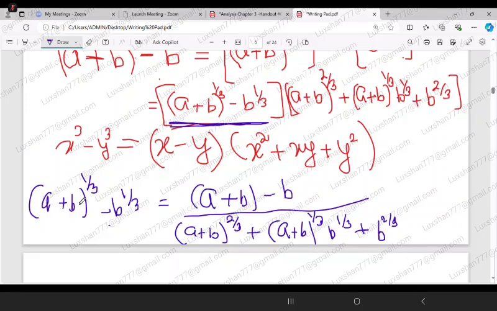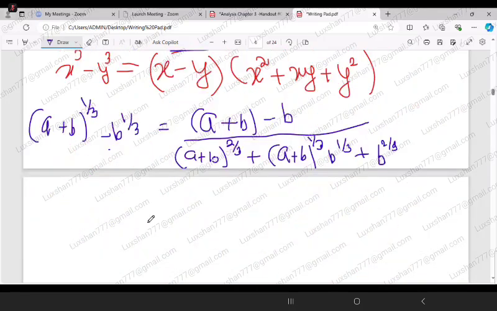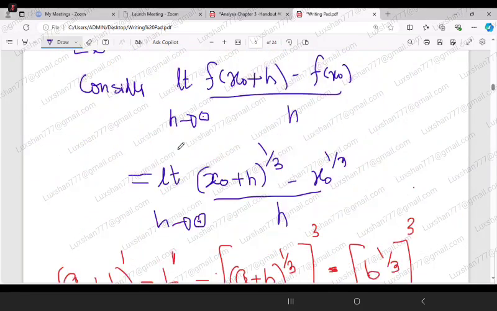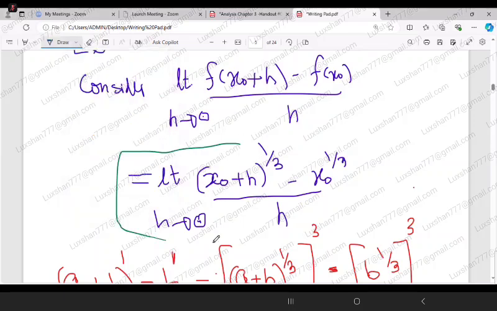So (a plus b) to the power 1/3 minus b to the power 1/3 is equal to a plus b minus b over this one. So now I'm going to replace that one. Therefore, now this is equal to this limit. Now I'm going to continue this one.